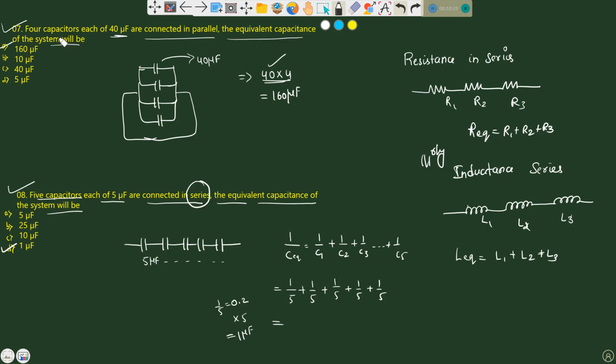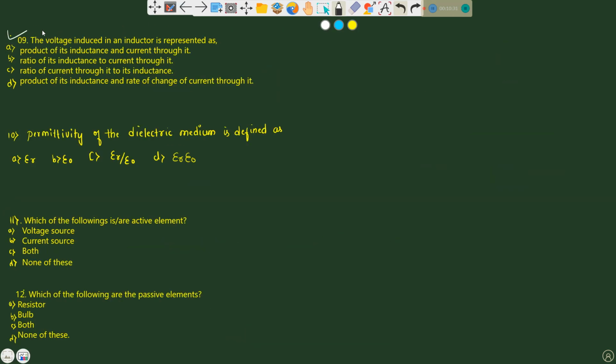So let's see the next one. So we have the ninth question here. The voltage induced in the inductor is represented as dash. They have given options as product of its inductance and current through it, ratio of its inductance to current through it, ratio of current through it to its inductance, or product of its inductance and rate of change of current through it.